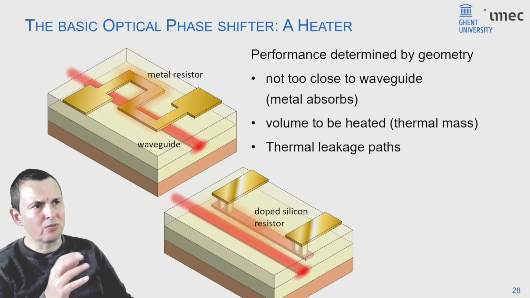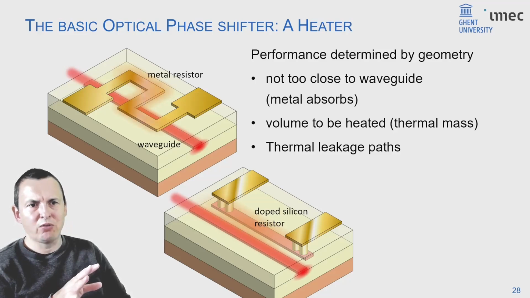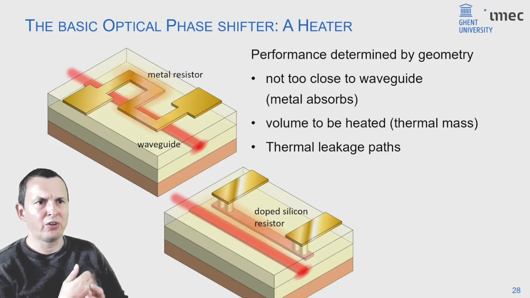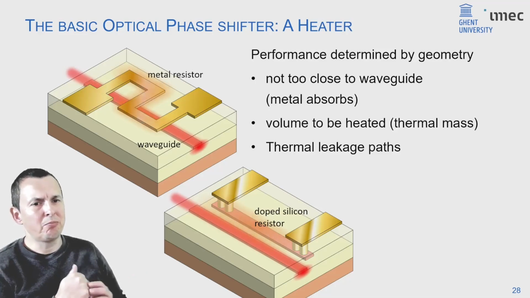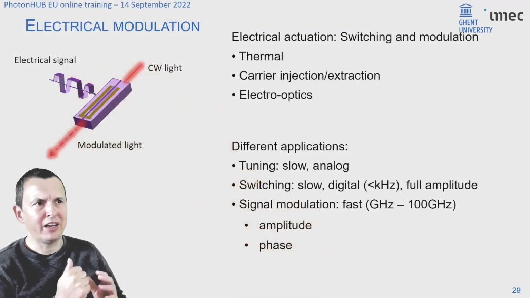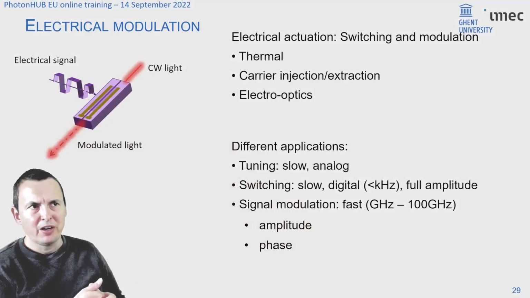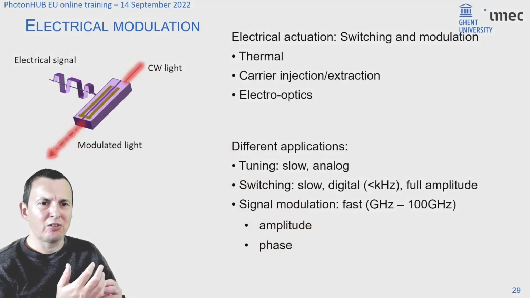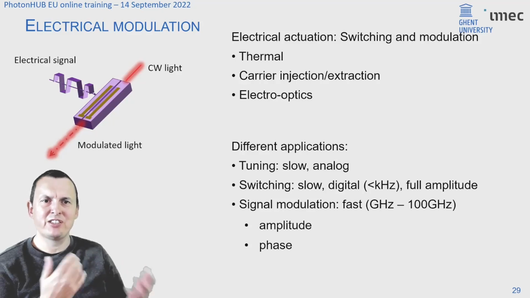Now, heat is only one way to electrically control your photonic circuit. Another mechanism that you use to electrically influence what's going on in your circuit is modulation. Essentially, you can say that modulation is the same as tuning.